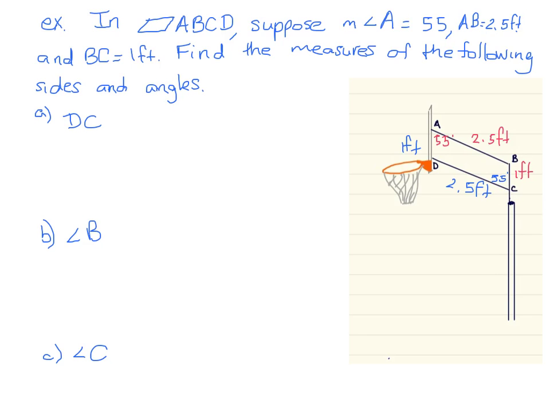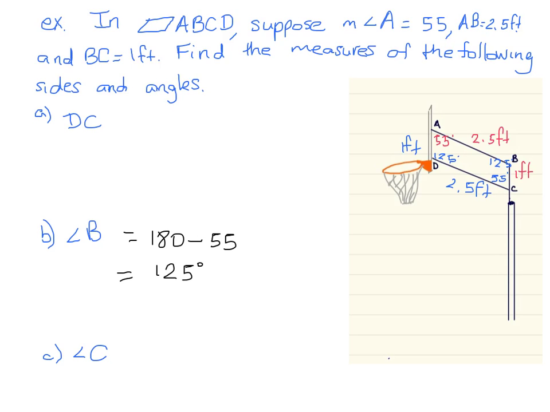It's 180. So in order to find angle B, we would do 180 minus 55, and we would get that it is equal to 125 degrees. So that's 125 degrees, and that also is 125 degrees.